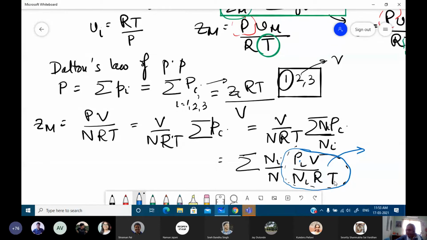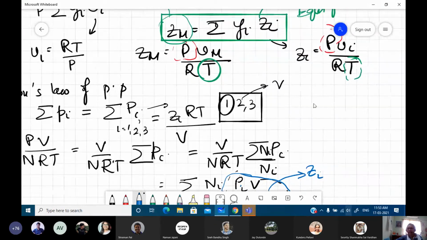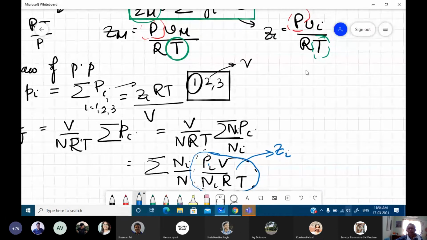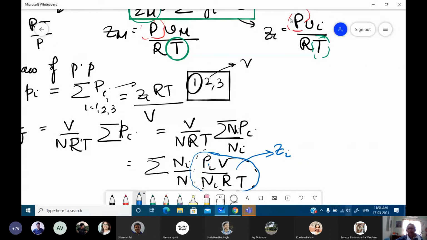It is Zi. But is it the same definition as this Zi? Wait, let me bring both of them together. See, this Zi, is this evident, which we had derived from Amagat's law of additive volume? Can you see this Zi? Yes or no?